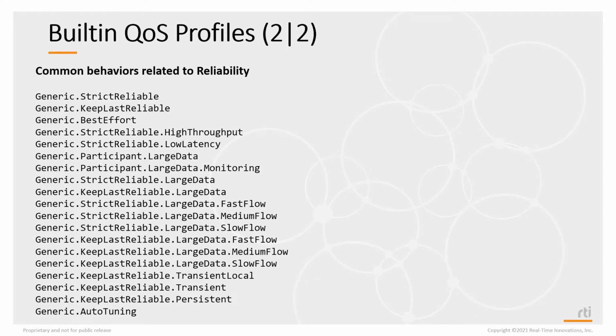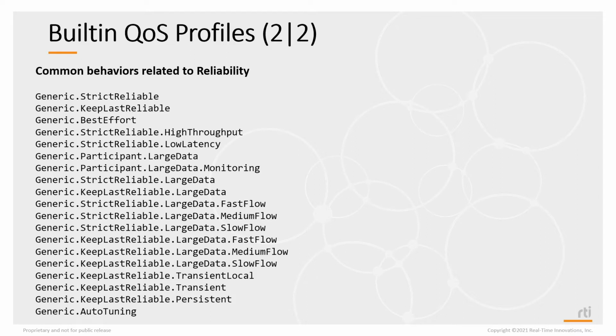A flow controller will meter out the data at a set, predefined rate, a fast rate, a medium rate, or a slow rate. You may need durable data, as in you may need the data writer to provide previously published data to new applications that start up. These are all different factors of how reliable you want data delivery to be.